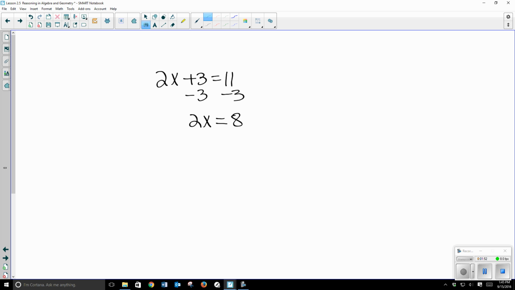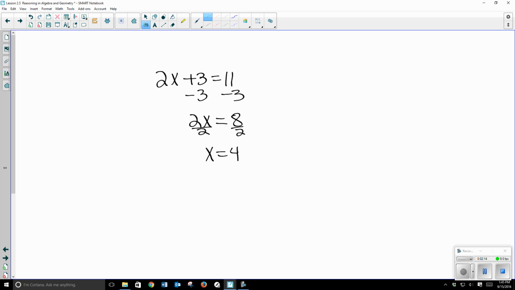So this is the subtraction property. To get from this to this, we're dividing by 2. So we're using the inverse, which is dividing by 2 since it's being multiplied by 2, but what we're actually doing is the division property to get to x equals 4. Okay?